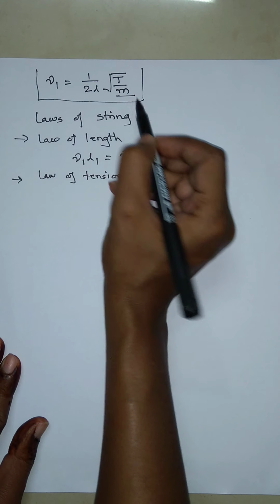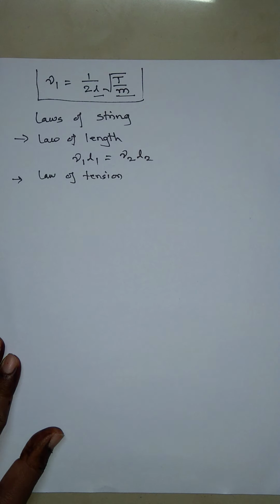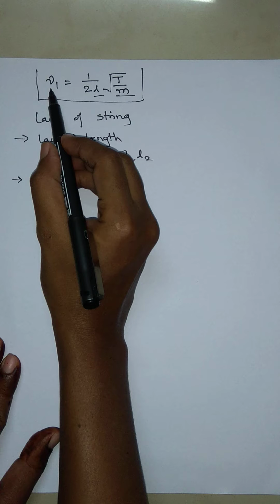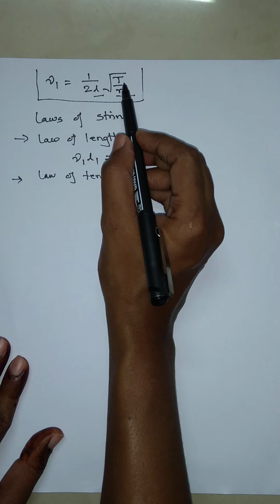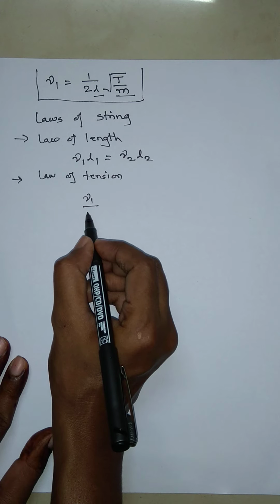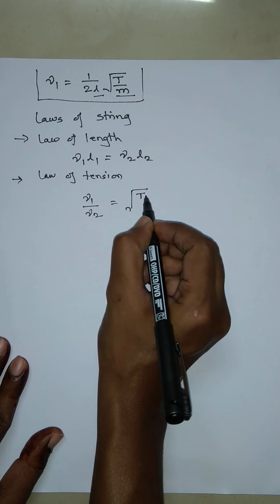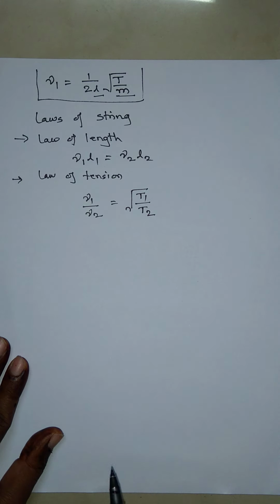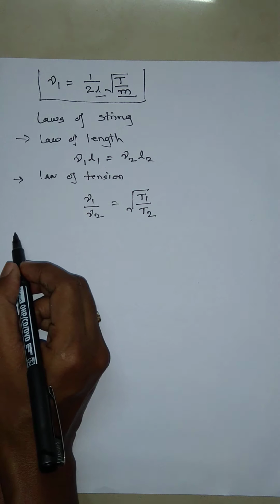If you keep moment of inertia and length of the string constant, then what you will observe is that frequency of vibration of the string is directly proportional to root of tension in the string, so that you can write down nu1 upon nu2 is equal to root of T1 upon T2. Which is known as the law of tension.